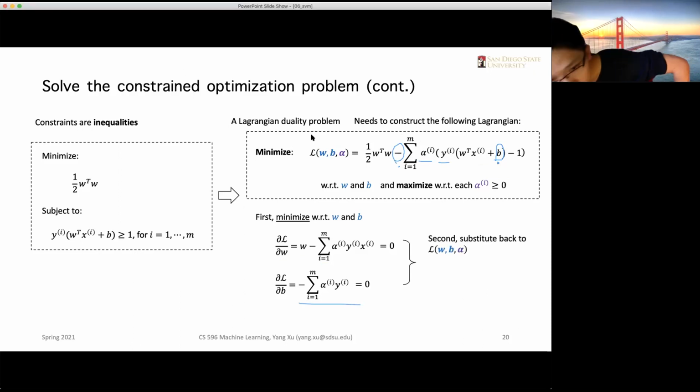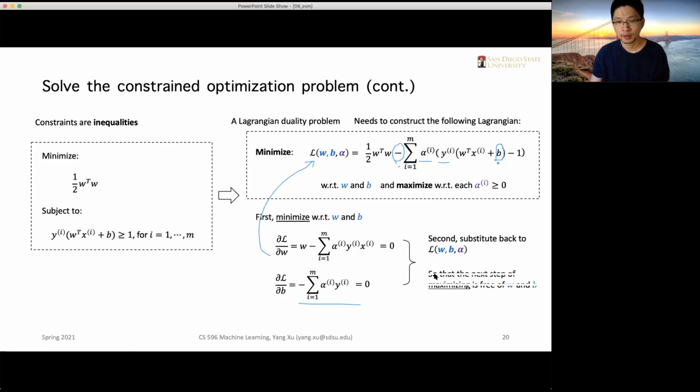Having these two equations available, we are able to substitute them back to the Lagrangian.